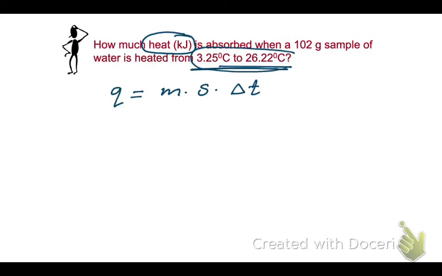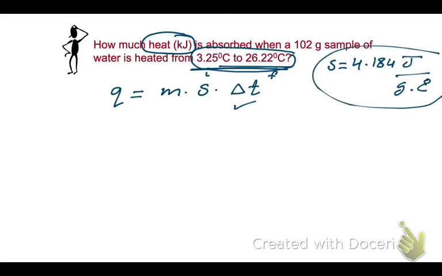So what do you have? They did give you the initial temperature and the final temperature, which means you have delta T. Because it's water, pay attention, the assumption is that you know the specific heat of water. So the specific heat of water is 4.184 joule for every gram every degree Celsius. You need to know that value.